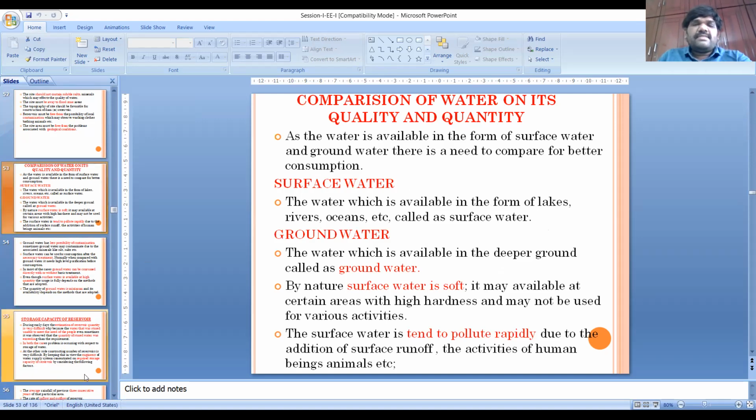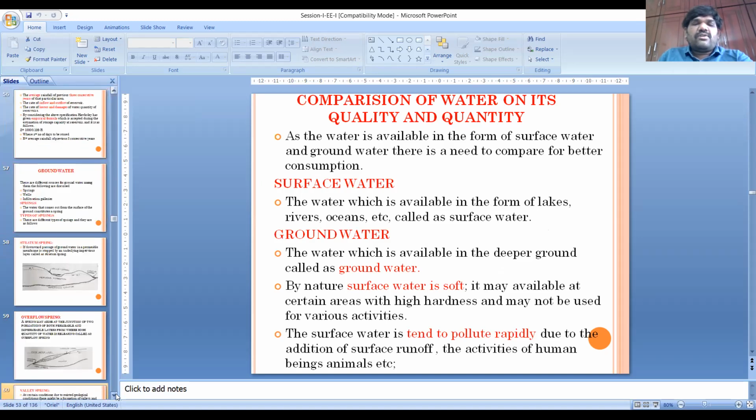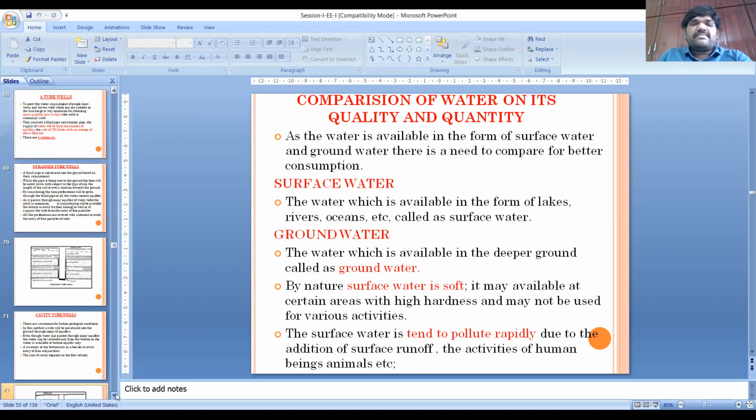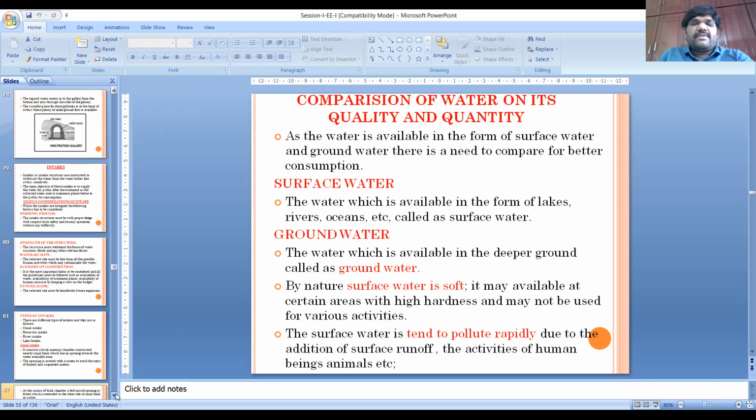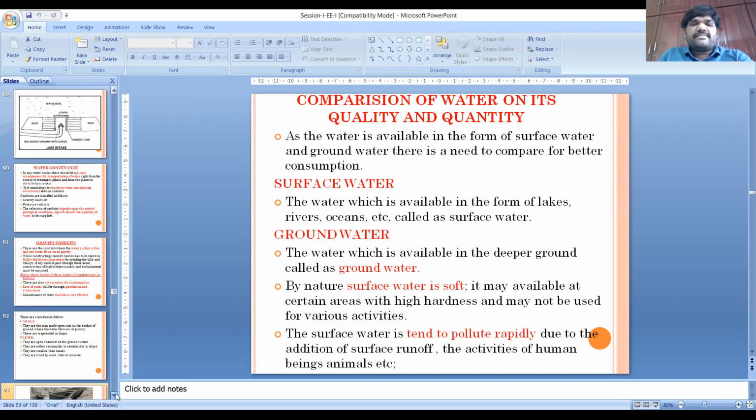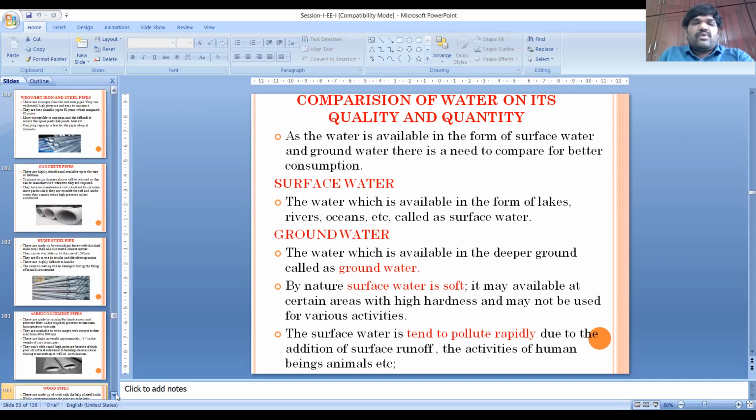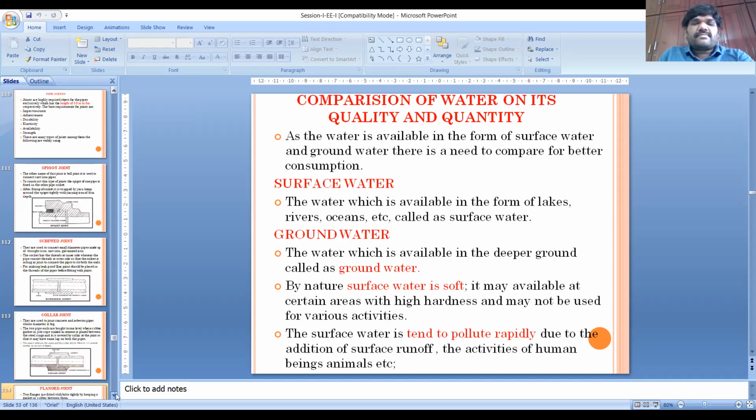Before that, let us finish the topic we already started. A small part of the previous topic is left over, that is water quality standards.